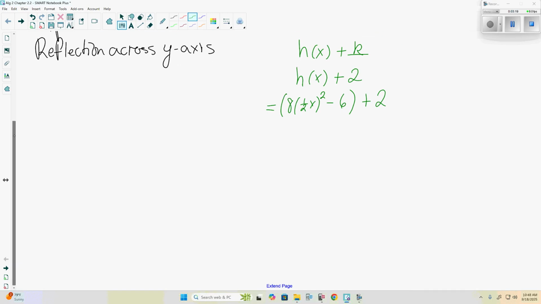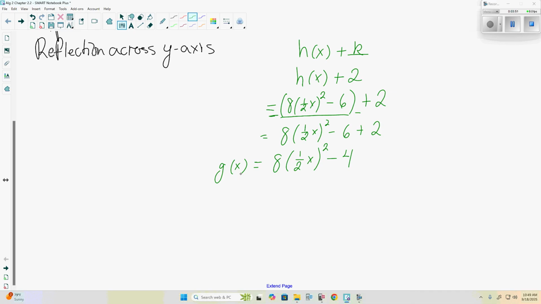Since there are no operations we need to do through this function, we can drop the parentheses, and then combine like terms, telling us we have 8 times 1/2 x squared minus 4. We call it g of x, doesn't really matter. But that takes care of our transformation of up 2.